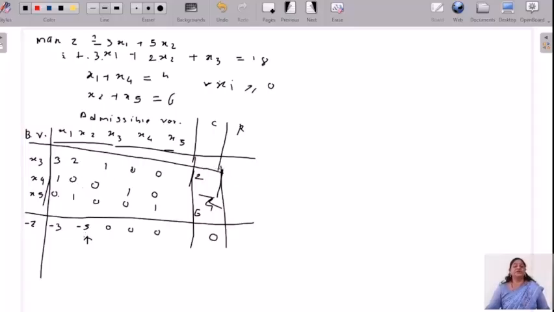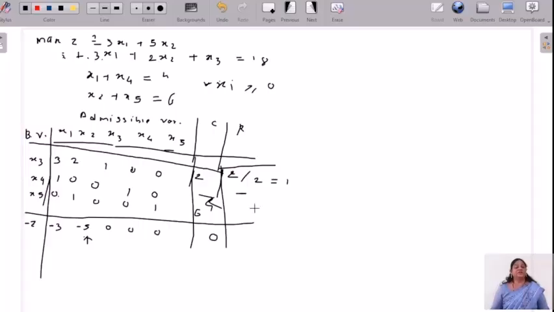Then consider the minimum ratio. Minimum ratio is 2 upon 2. Right hand side constant is 2 and column element is 2, therefore it is equal to 1. 4 upon 0, don't consider that value, it goes to infinity.